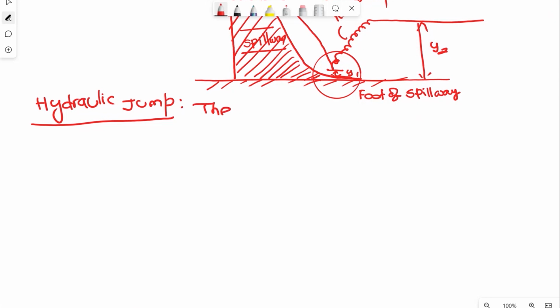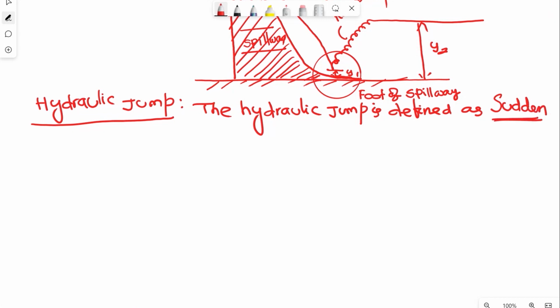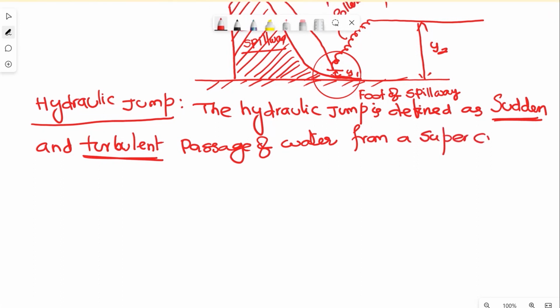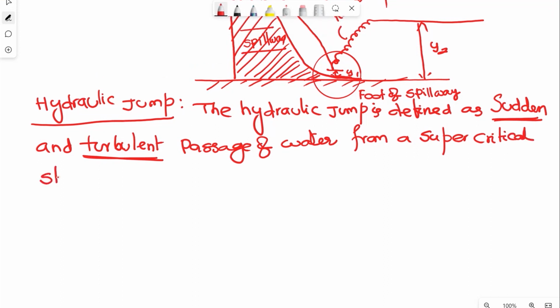The hydraulic jump is defined as a sudden, please remember, sudden and turbulent passage of water from a supercritical state to a subcritical state.